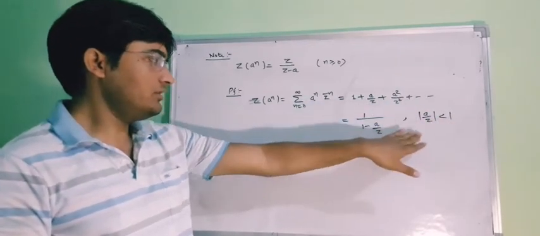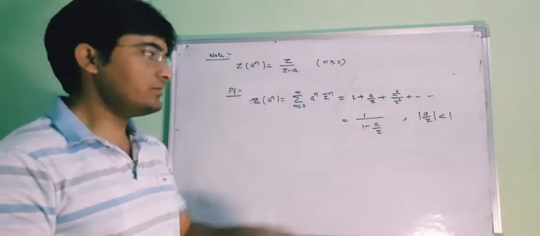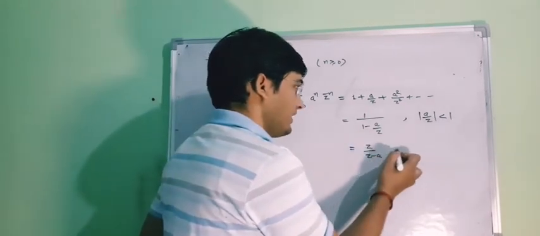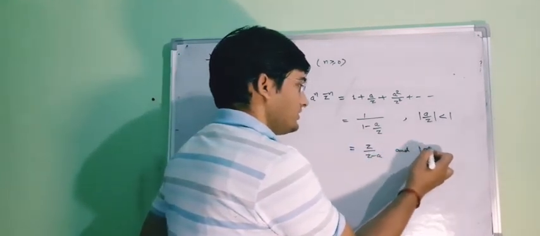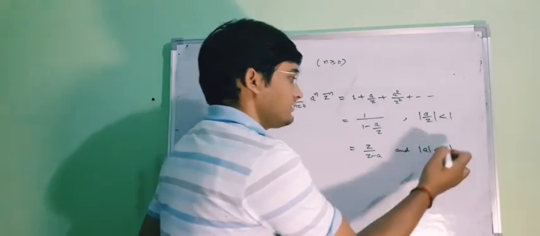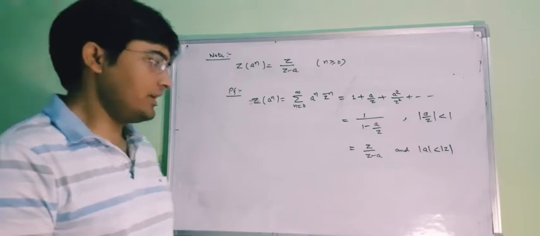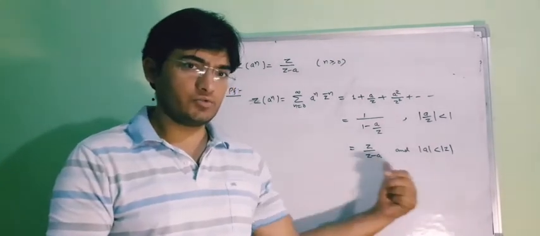So only then this infinite series will converge. So this is equal to z upon z minus a, and your ROC is mod z greater than mod a, the outside portion of the circle.